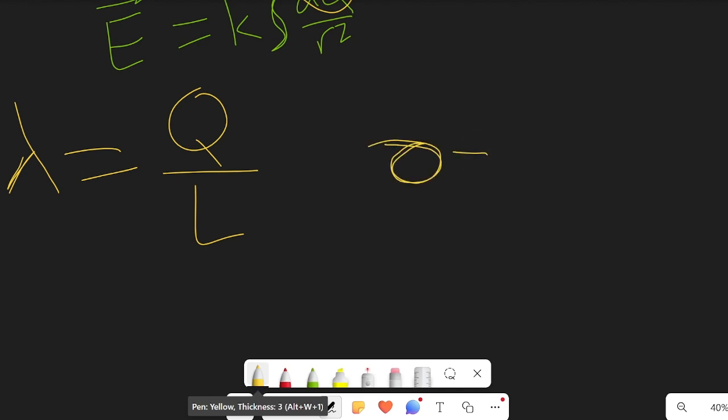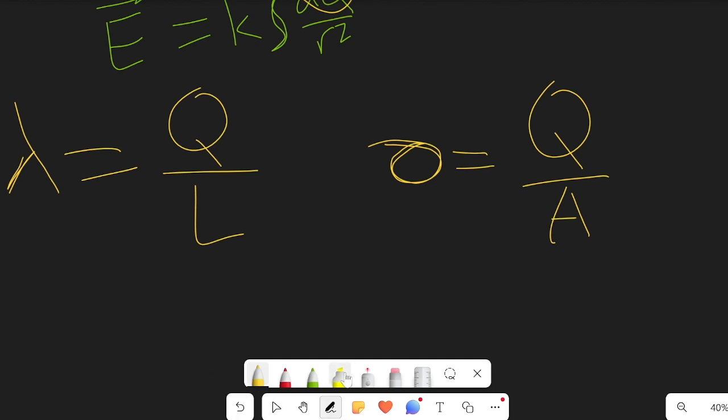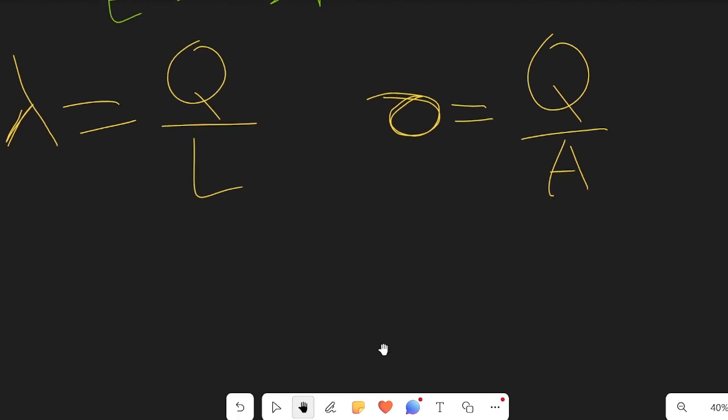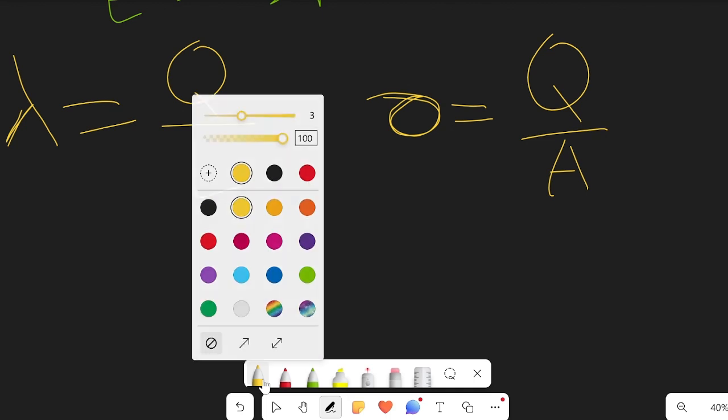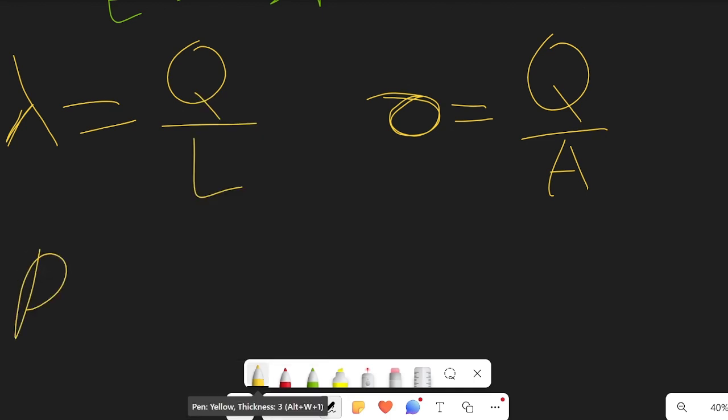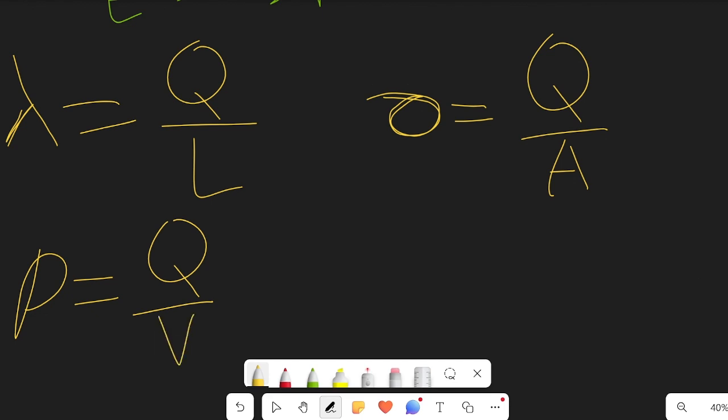So now we will do our surface charge density, which is equal to charge divided by area, right? So this is essentially 1D, 2D, and 3D. And then lastly, we will use the Greek rho, which is equal to charge divided by volume. So these are our three charge densities.